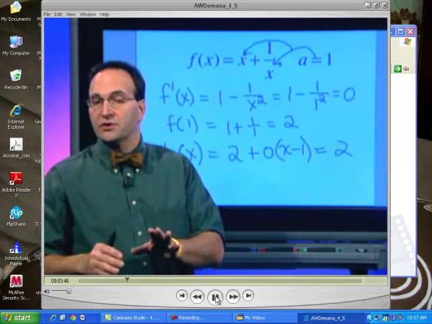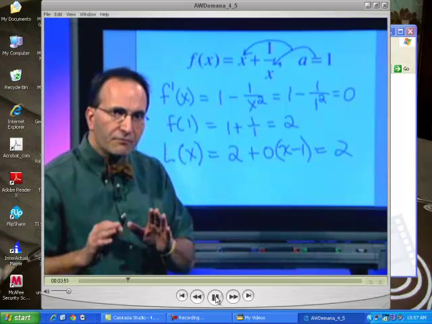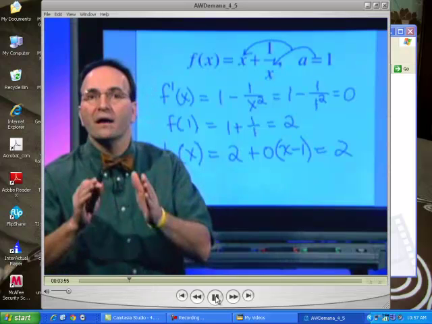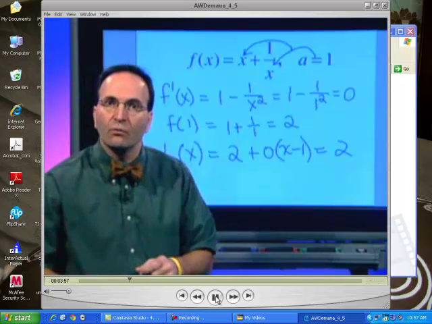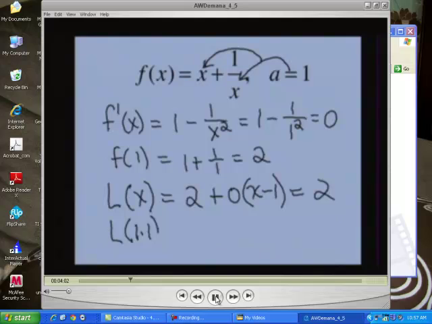Part B was to determine how accurate the approximation is for L of a plus 0.1, which is L of 1 plus 0.1, in other words, L of 1.1. Well, it actually doesn't matter because we found that L was a constant, so it's equal to the 2 that we discovered over here. We want to compare that to f of 1.1.